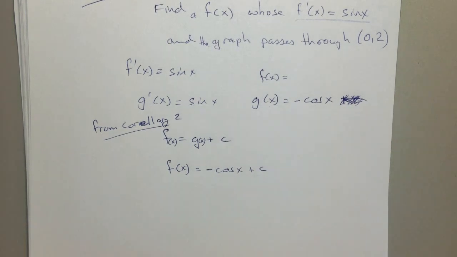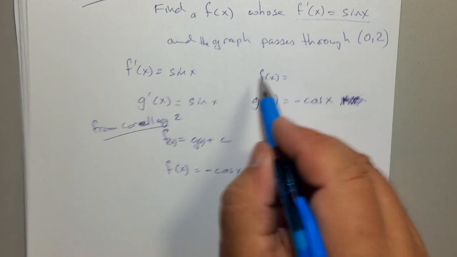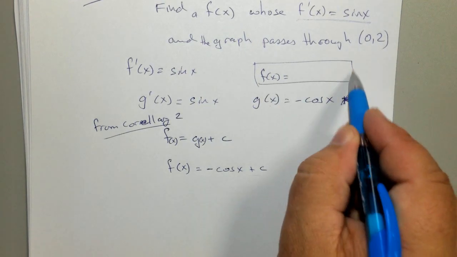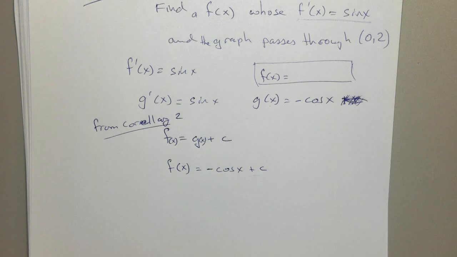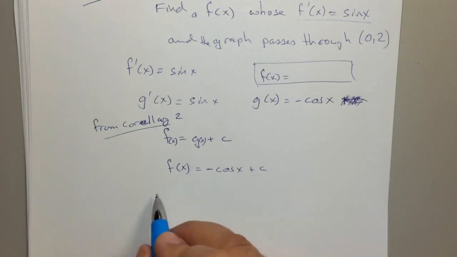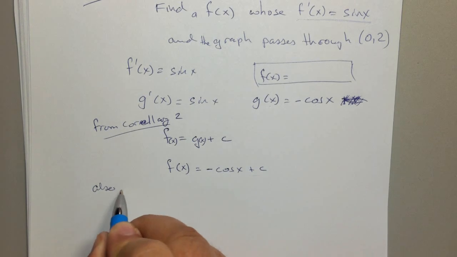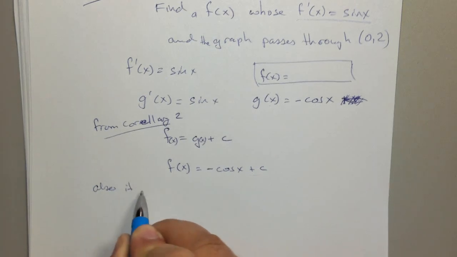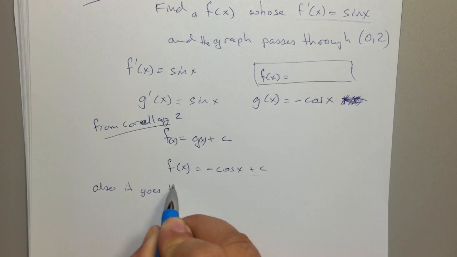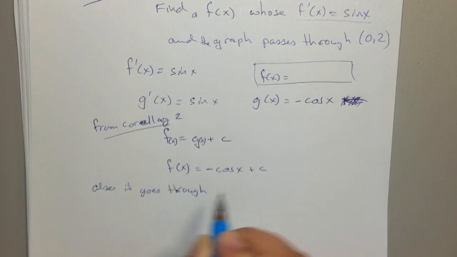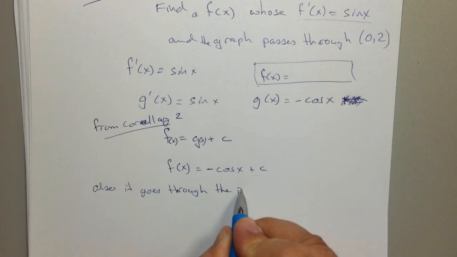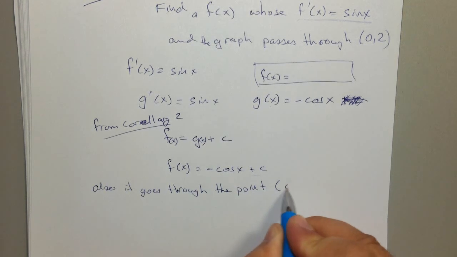That's where we're going to put it. So we're trying to find the function itself. Remember also, it goes through the point (0, 2).